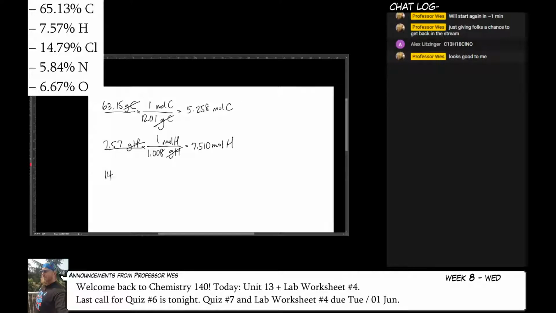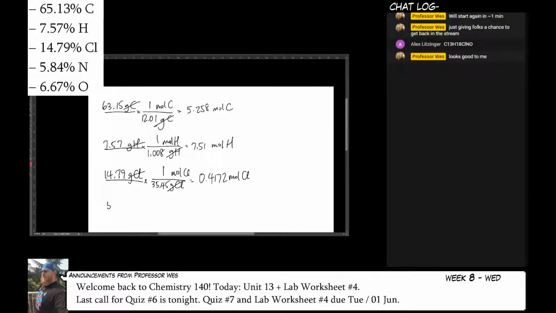We got 14.879 grams of chlorine, and then grams of chlorine per mole of chlorine. 1 mole is 35.45 grams. And I got 0.4172 moles of chlorine. I just realized up here I have to erase one of these digits. I only get to have 3 sig figs.